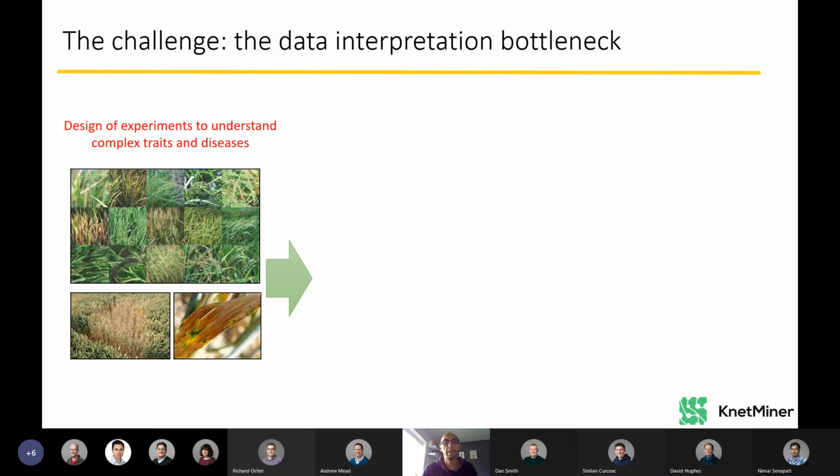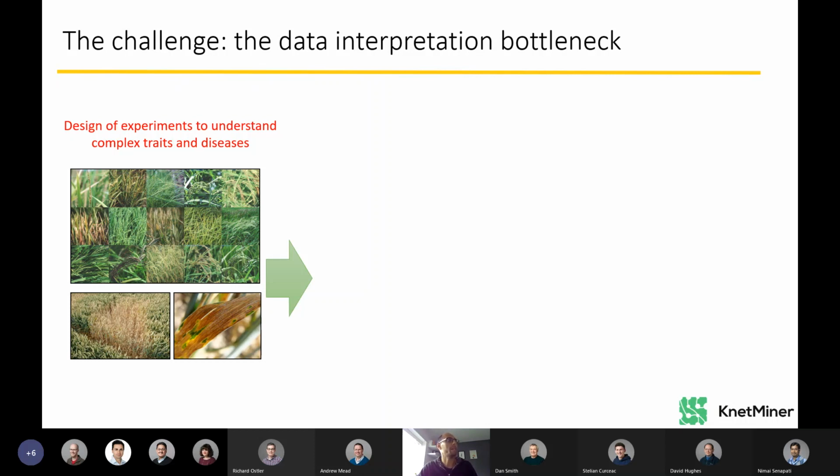All right, let's start with the challenge that we are actually trying to address with KnetMiner. As you know, many scientists at Rothamsted are trying to understand complex traits and diseases in a variety of crops, from wheat to rice.